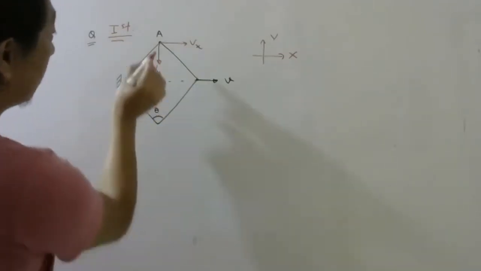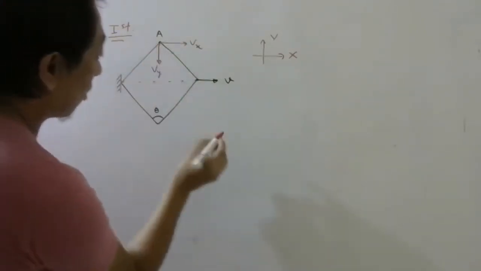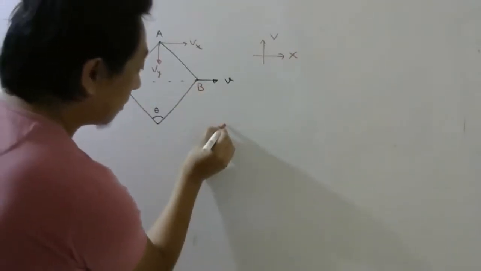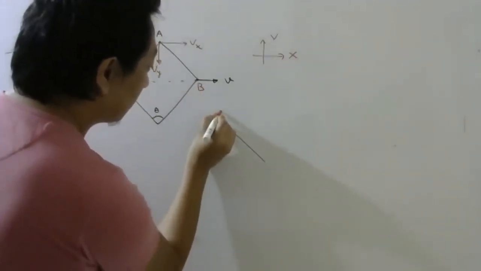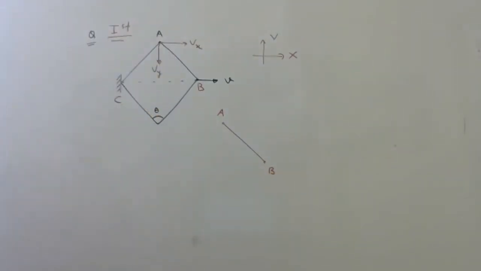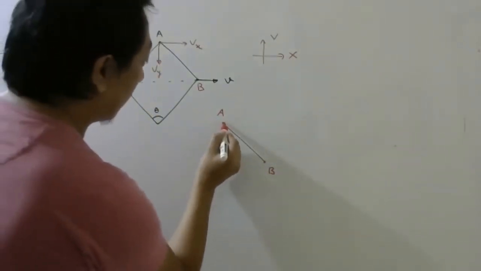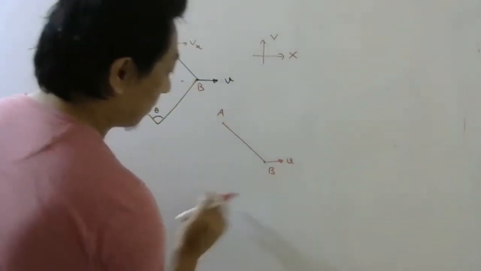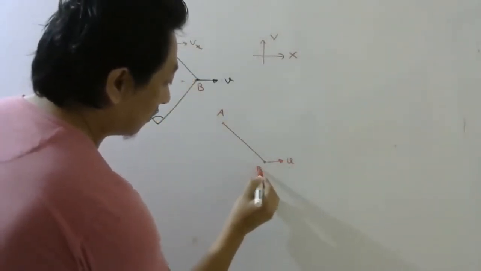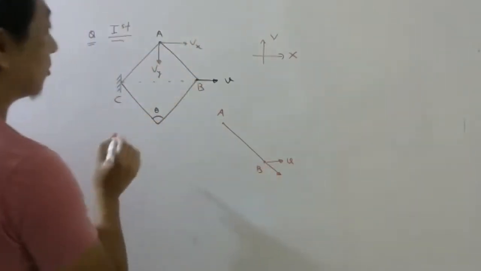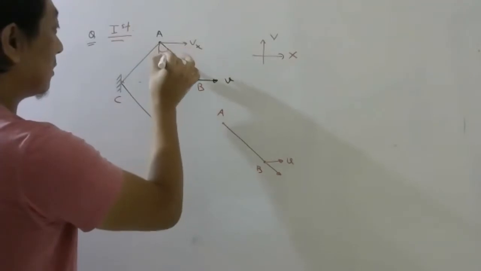Now look here, if I take this part of the rod, let me call this B, and this C. So if I take this AB, this end is going this side with velocity V. Let me call this angle phi.